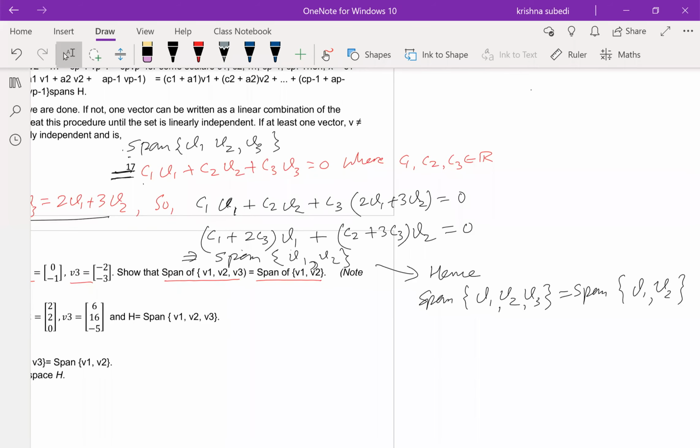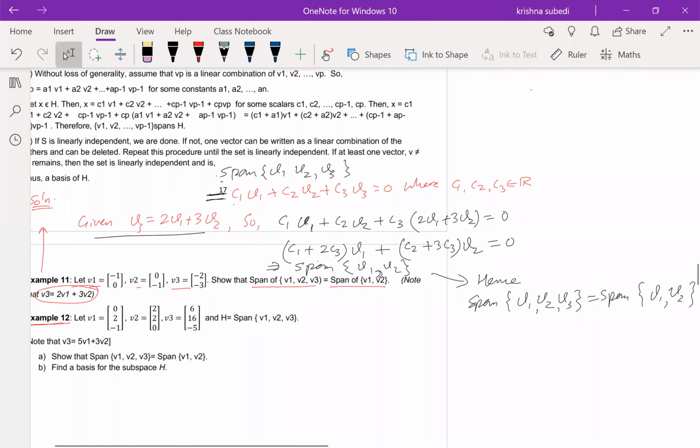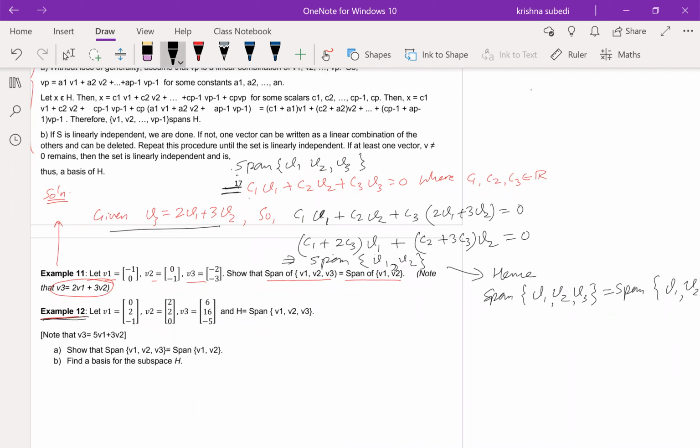And that's what we need to prove. If there are no questions, you may want to try this Example 12 just for fun. It's the same idea. Example 12, I would like you to try, and then we take a break.